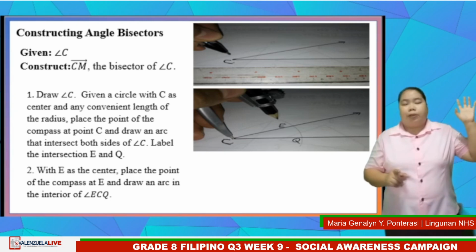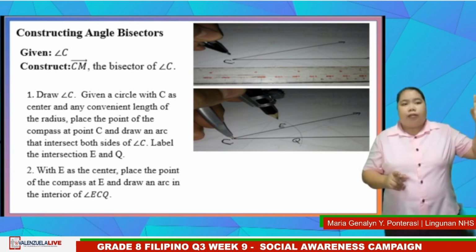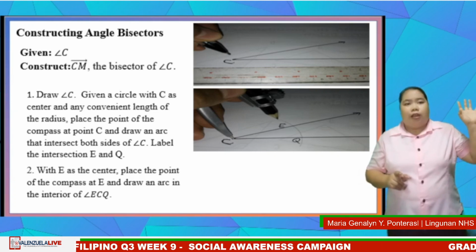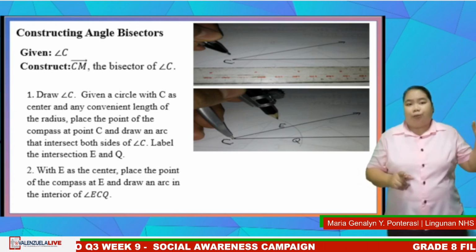So we construct angle C, then we have the arc containing points E and Q.